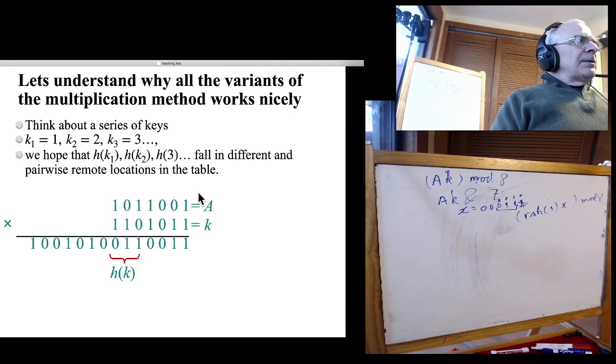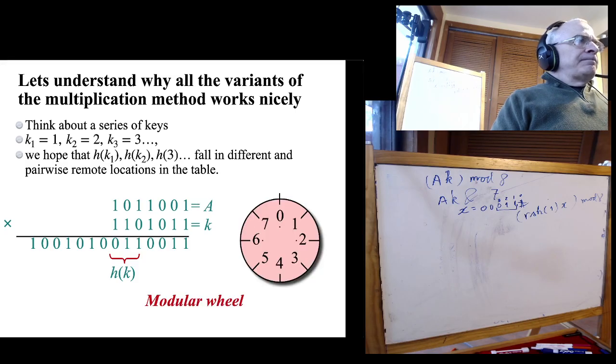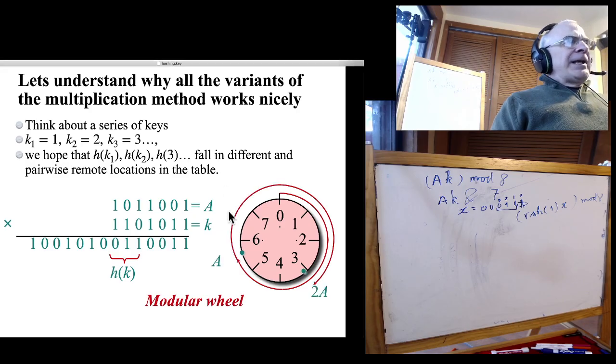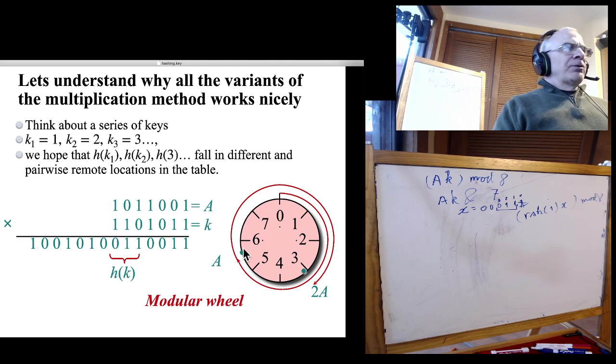Okay, we have it. We talked about why the multiplication method is working, because it says that if I change the key by any amount, I'm just adding to the key and multiplying by A. It means that I take the old key, some place that I landed in the table, and let's say that I'm adding A to it.